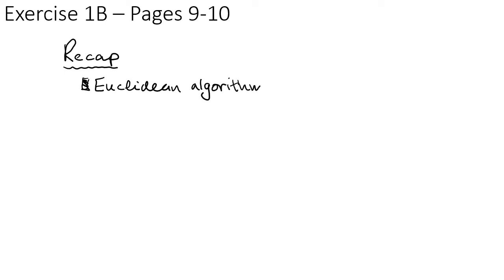So you should now be able to do exercise 1b on pages 9 to 10. Now in terms of a recap, I'm not going to go through the whole algorithms again, because you can look at the first slide for those, but we've got this Euclidean algorithm that allows us to find the greatest common divisor of two numbers.